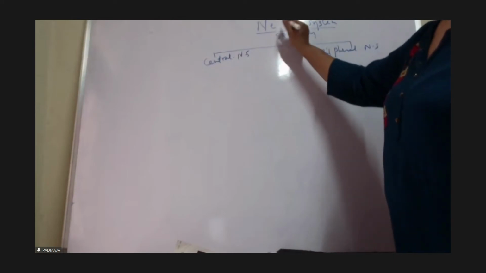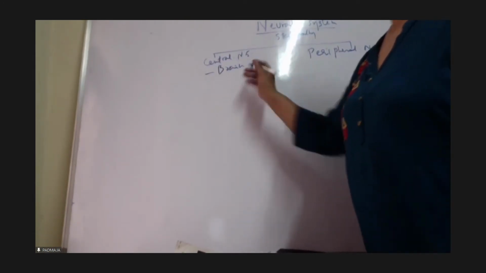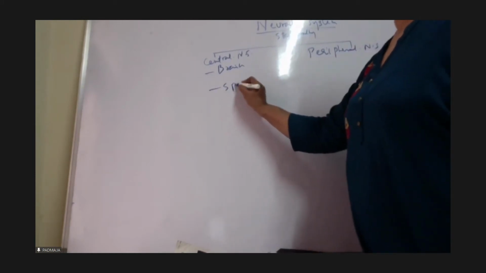Actually, we should not say nervous system, it is neural system. Central means both brain and spinal cord are included structurally.